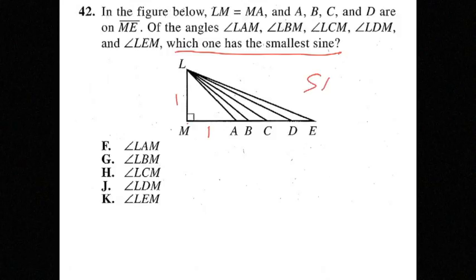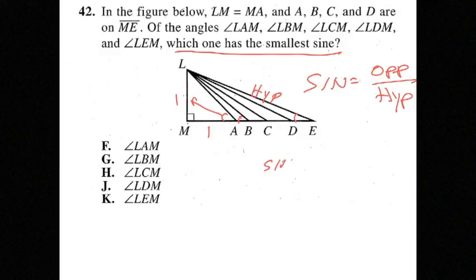Well, now we have to remember our sine is equal to opposite over hypotenuse. All of these sines are going to have the exact same opposite, because the sine of this angle would be 1, the opposite of that would be 1, that would be 1, that would be 1. Every one of them is going to have 1 for their opposite, but their hypotenuses get longer and longer. So the one that's going to have the smallest sine is the one with the smallest angle.